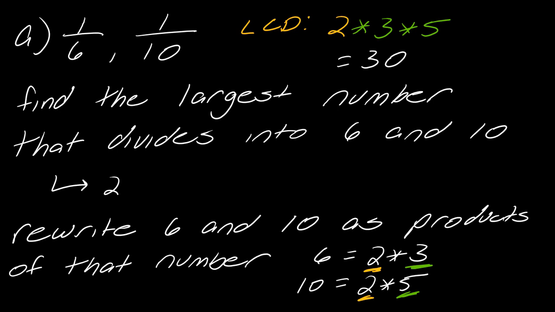Okay, sometimes I get the question of why can't I just multiply the two numbers together? So 6 times 10 would technically get you a denominator, but it would not get you the least common denominator. Just multiplying the two denominators together can often get pretty messy. Notice 30 is smaller than 6 times 10.